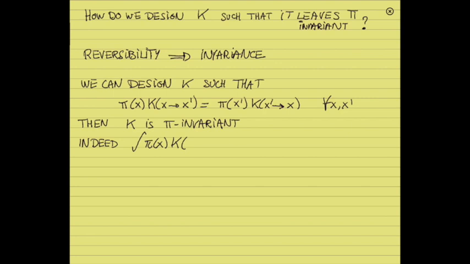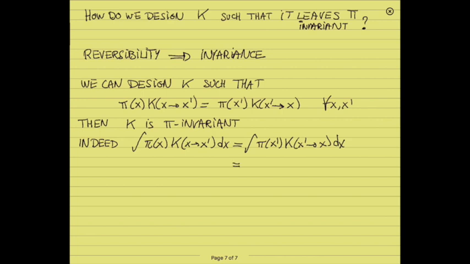Indeed, we can integrate pi of x k of x to x prime with respect to x. Using reversibility, we can switch x and x prime within the integral, but we're still integrating with respect to x.